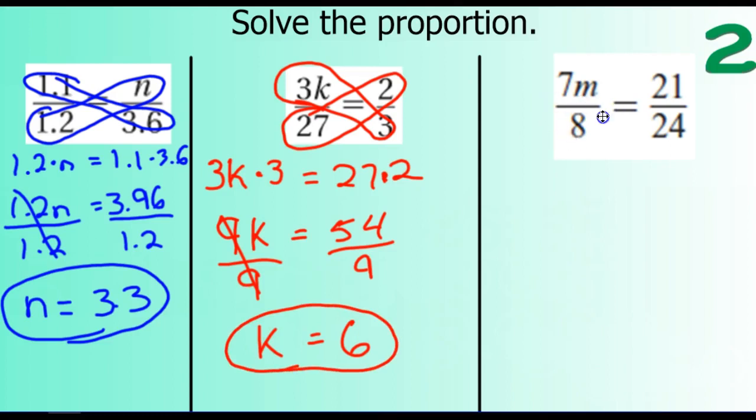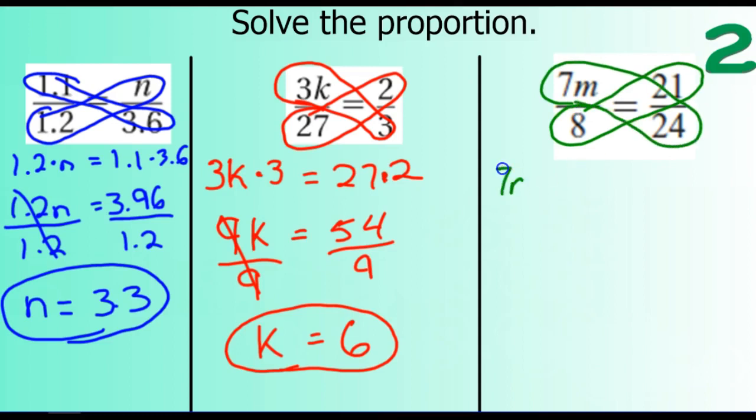Last problem on this page, we're going to cross multiply 8 times 21 and 7m times 24. So we have 7m times 24 equals 8 times 21.